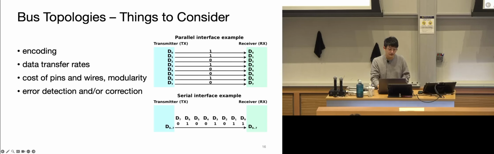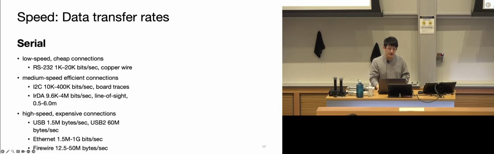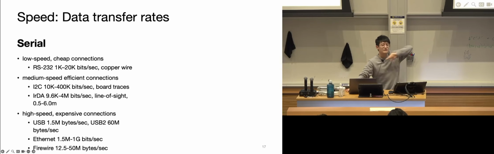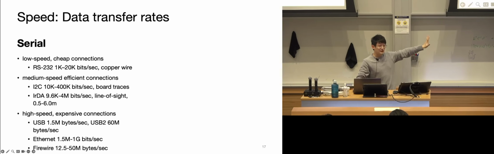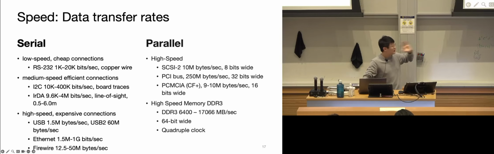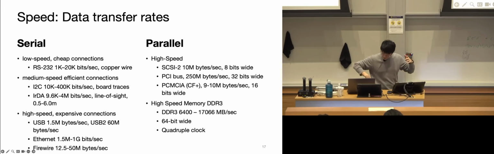For data transfer rates, just to give you some references, these are some typical serial rates. I think nowadays USB can be USB 4, 3, 4, something like that. It's going to be much faster than this. Ethernet can go up to 1 gigabit per second. So when we talk about serial, it's not necessarily slow. It's still pretty fast if you want it to be. And parallel could be faster.